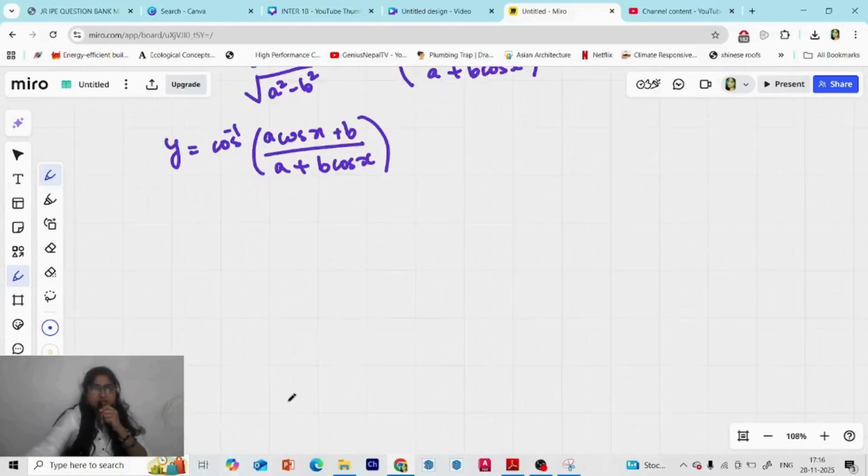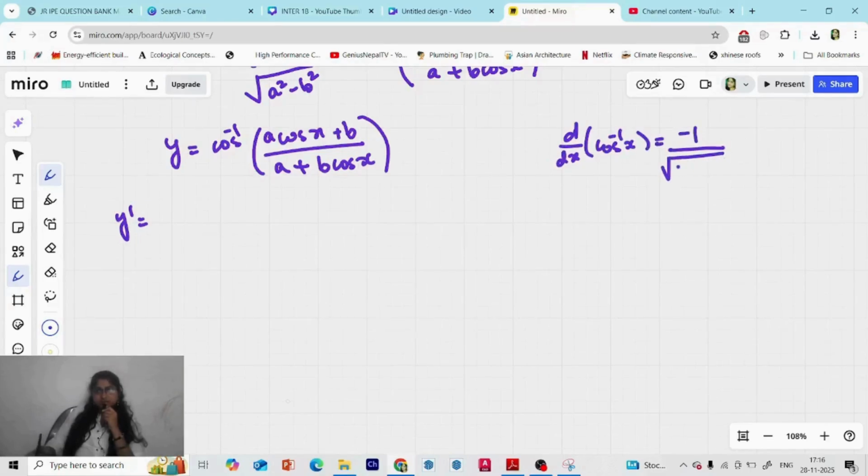First of all, what's the derivative of cos inverse x? So y dash is equal to d by dx of cos inverse x, which is minus 1 by under root 1 minus x square. Correct? So we're just going to put this in the x place. You see that there's this entire function, so we have to write it as it is.